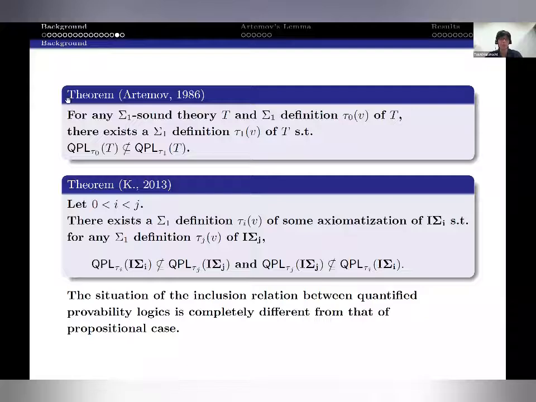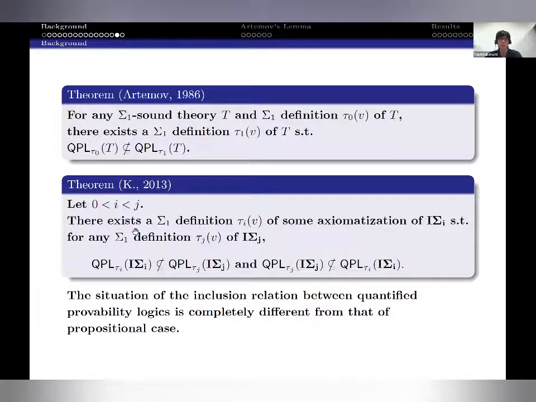And by using the technique of Ultima, I proved this statement. Let i and j be natural numbers with j larger than i.